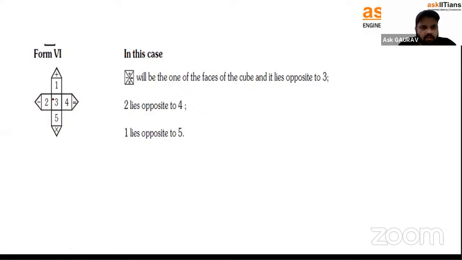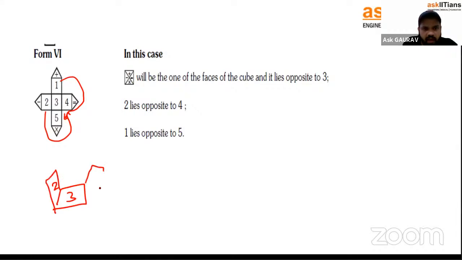Form 6. This is clear that 2 will be opposite to 4, 1 will be opposite to 5. Okay, this box is what? If 3 is at the bottom, just imagine this box. Then the adjacent, this will be 2.